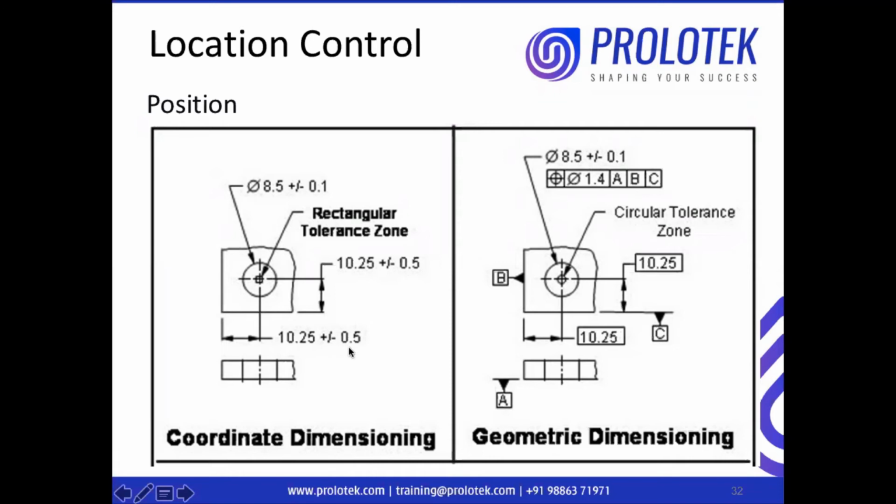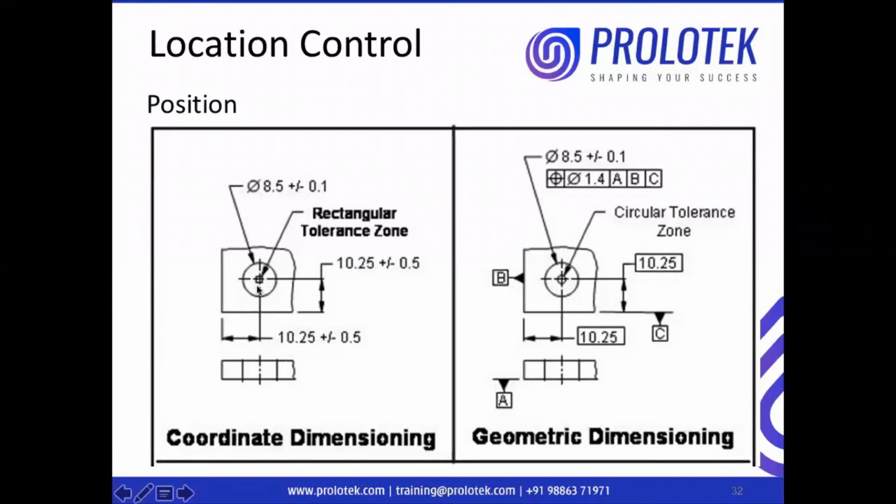For flexibility of manufacturing, we should always have the same geometrical tolerance in all directions. So in GD&T, when we use positional tolerance, what will happen? From the center, you go in any direction, the radius would be the tolerance. So you get the same tolerance value. That is why having a circular tolerance zone is advantageous compared to a rectangular tolerance zone. First problem overcome.